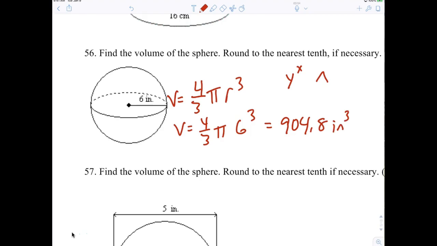Pi times 6... Times what? How are you doing that on the calculator? Did you get the right answer? That's not 2, that's 6 to some power.